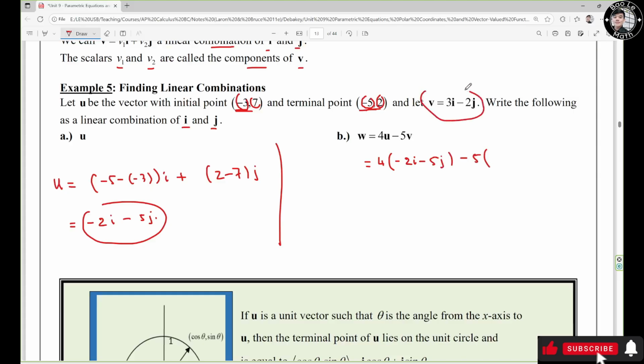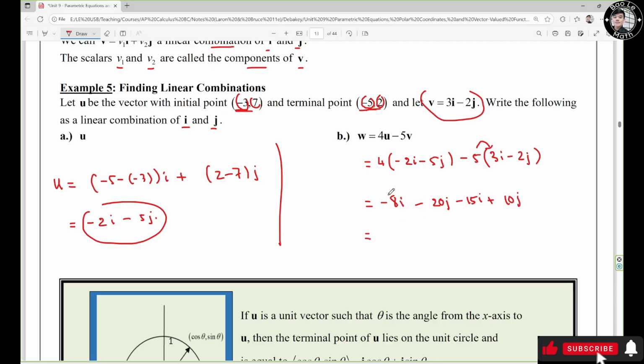Vector v is right here, 3i minus 2j, right? Now you just distribute, it's going to be negative 8i minus 20j. And then distribute this one, it's going to be negative 15i plus 10j, right?